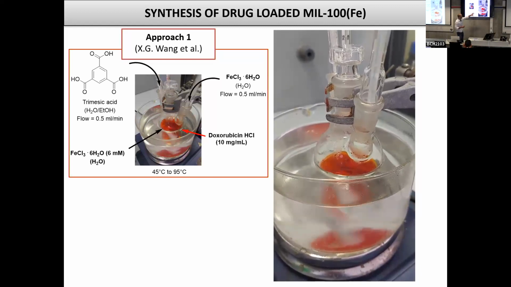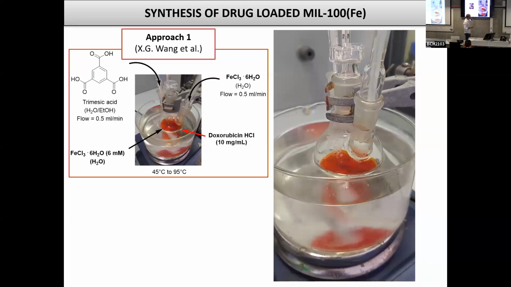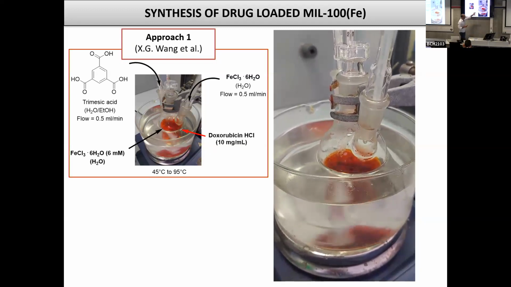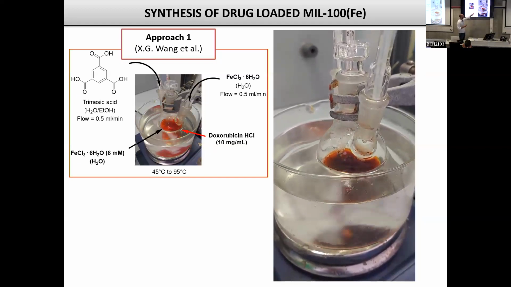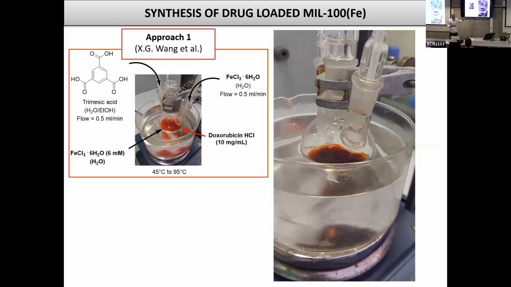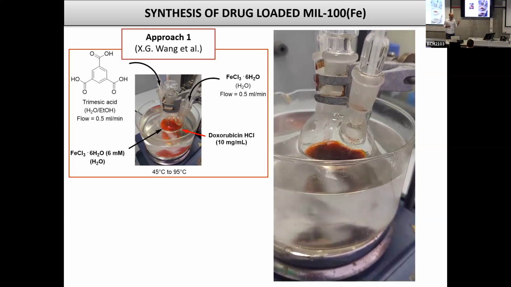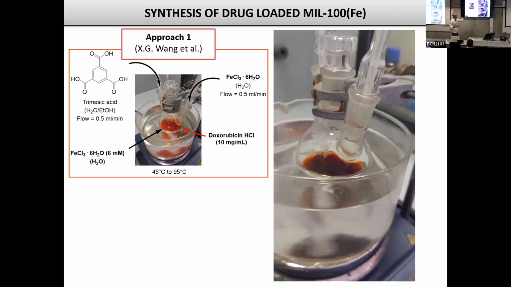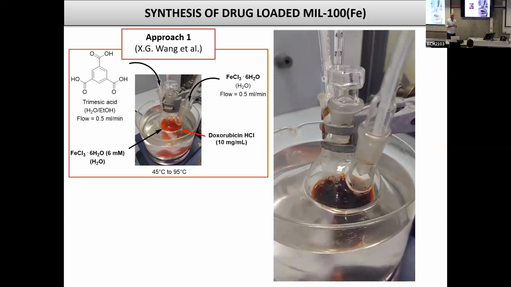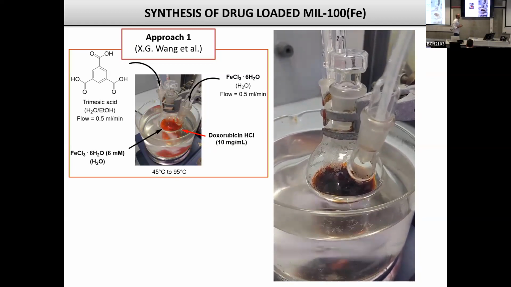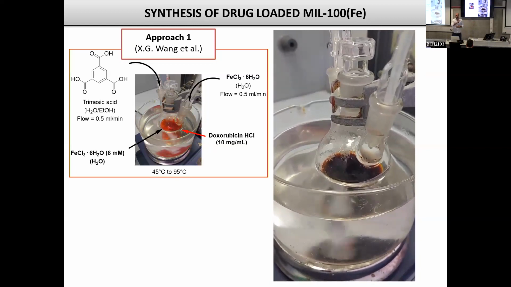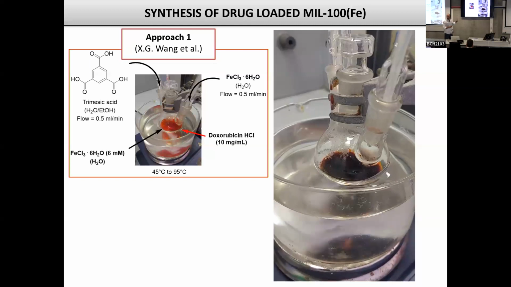And when the first amount of ferric chloride dropped into the system, I saw this darkening. So I thought, this is the reason why up to date no one tried this route. I cried inside and also outside. But I performed the synthesis.